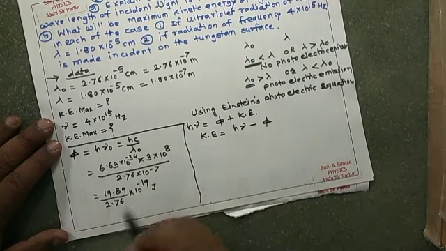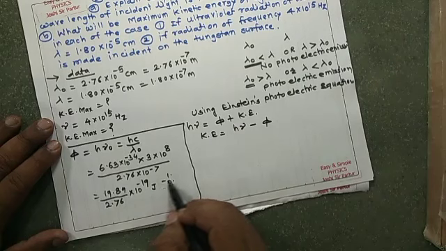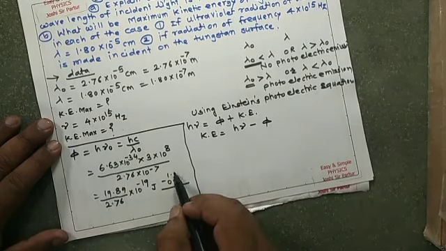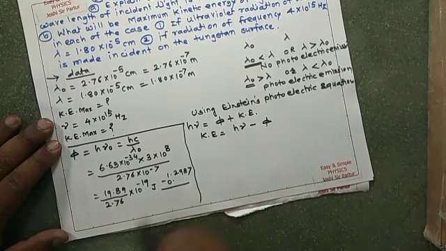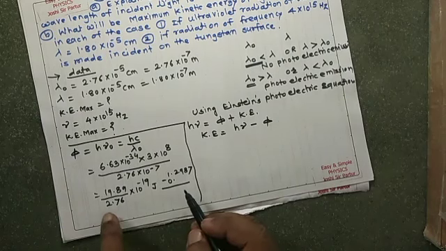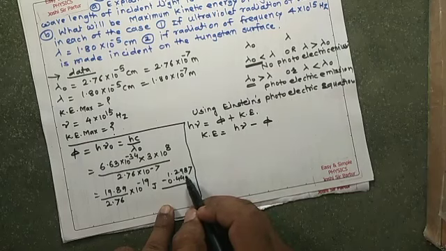So we can find out using logs. Log of 19.89 is 2987, and log of 2.76 is 4409.